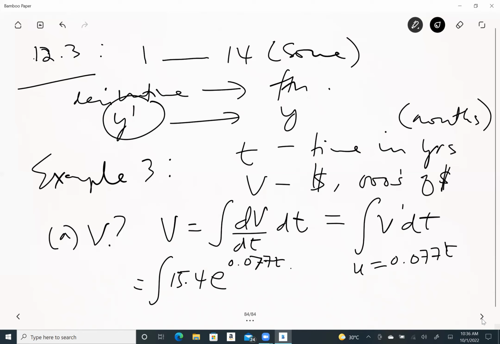Now what is u prime? u prime is 0.077. Oh yes, I have to have the dt. Make sure you put dt, because if I don't put it, the expression doesn't make sense. I don't have u prime, which is 0.077. What I have is 15.4, the constant given.